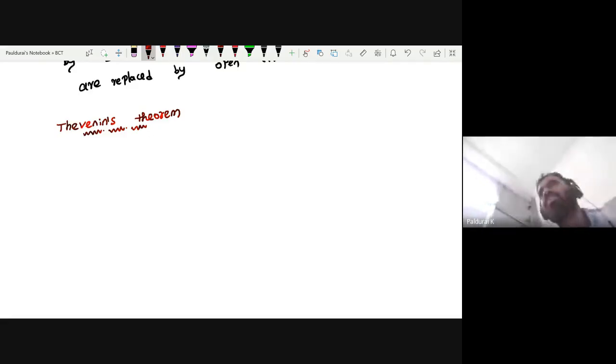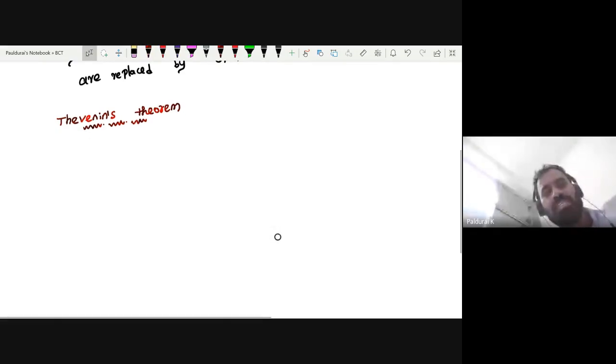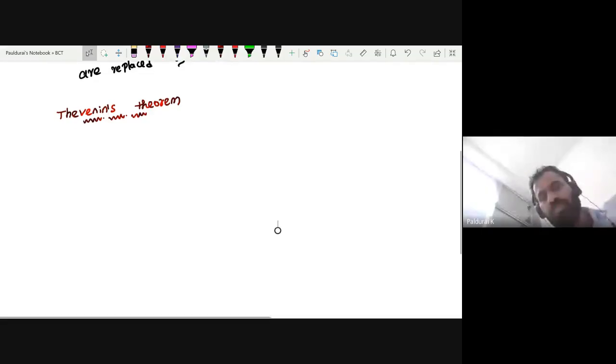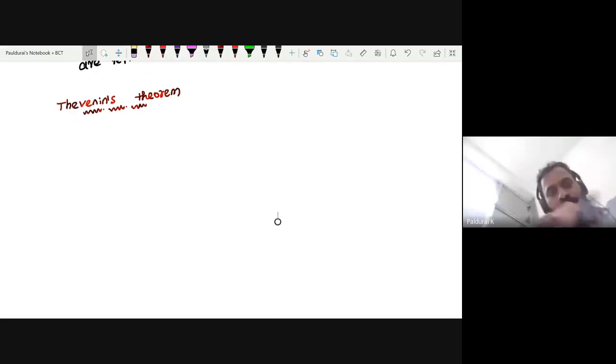Once you know Thevenin, if you do the reverse thing you will end up with Norton; don't worry. So first put the heading Thevenin's theorem and take this problem. Straight away we will approach Thevenin's theorem with one example, then you can understand what Thevenin is.